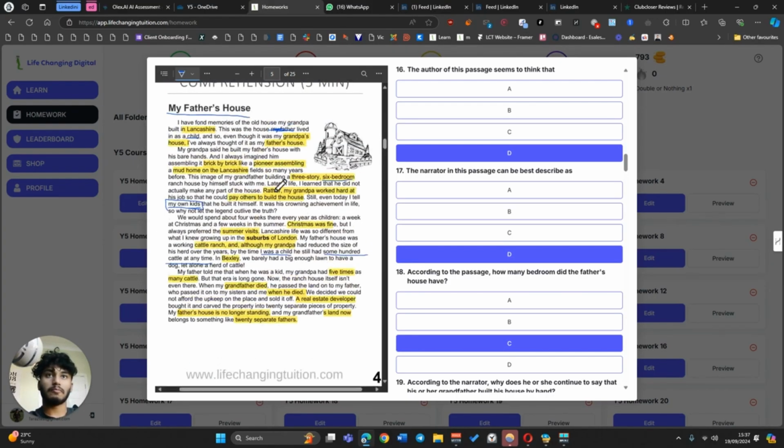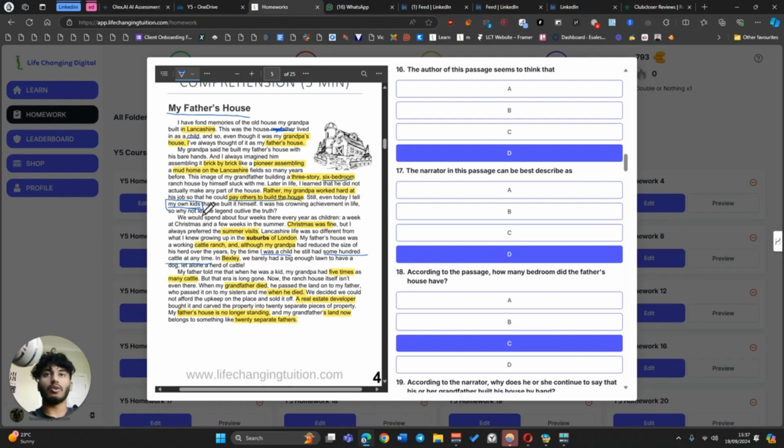So what it says here, basically later on in life he learns that his grandpa didn't actually build it by hand, but he paid others to build the house.